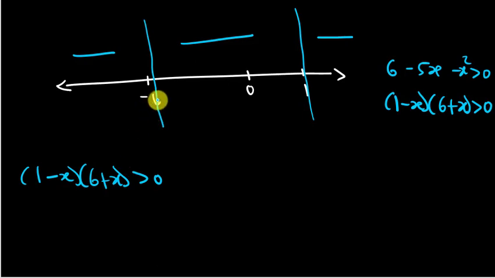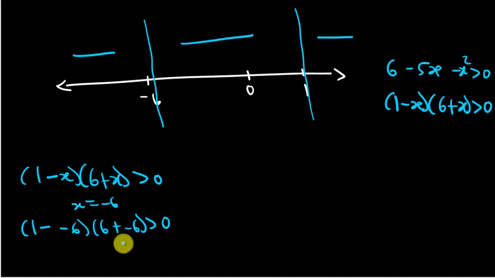When x is equal to negative 6, what is going to happen? We're going to have 1 minus negative 6 times 6 plus negative 6, greater than 0. 1 minus negative 6 is going to give us positive 7, since negative times negative is positive.